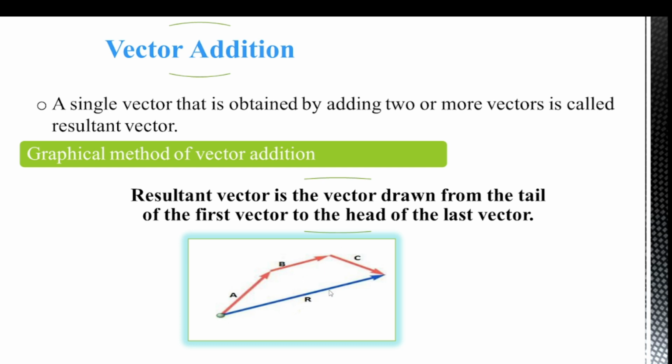This is known as the resultant vector, that is vector R, which started from the tail of vector A and ends at the head of vector C. And now this single vector represents the total, the resultant vector of vector A, vector B, and then vector C. This is the way we can represent a single vector by using the graphical method.